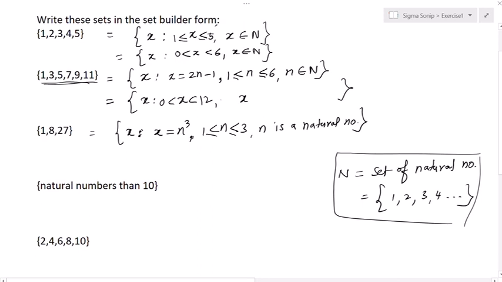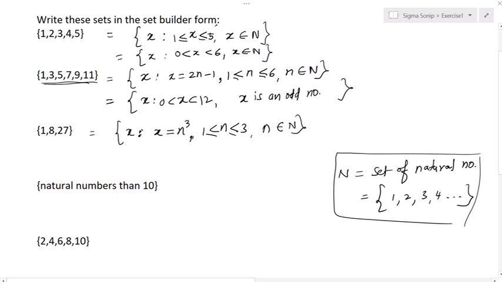This was already okay. Odd number, and n is a natural number here as well. So I'll just write n is a natural number.